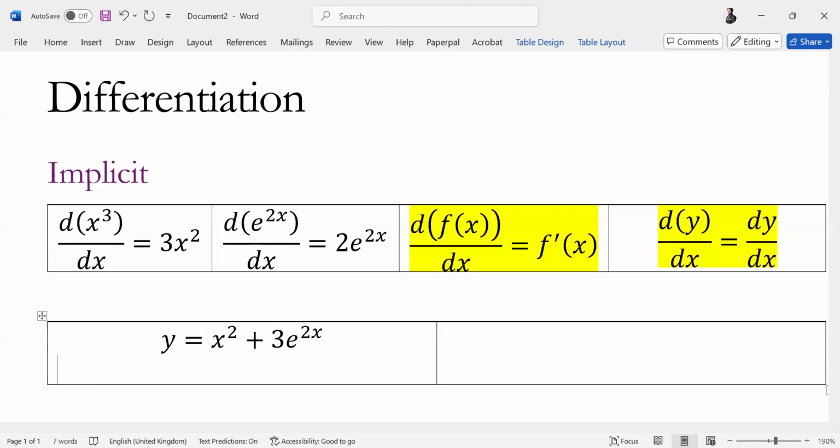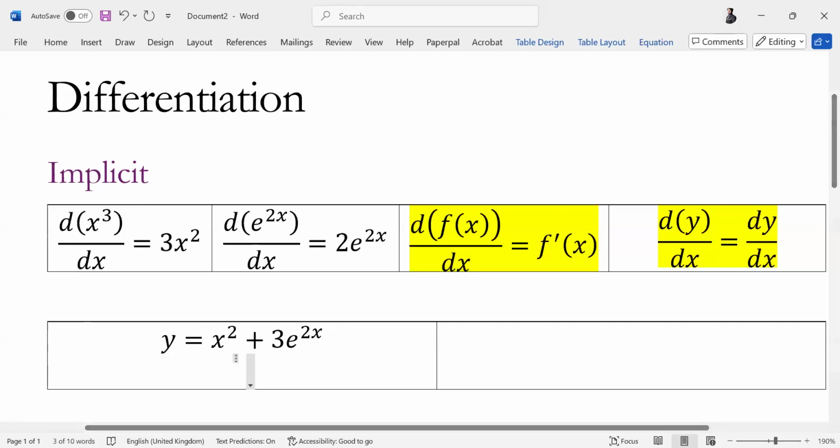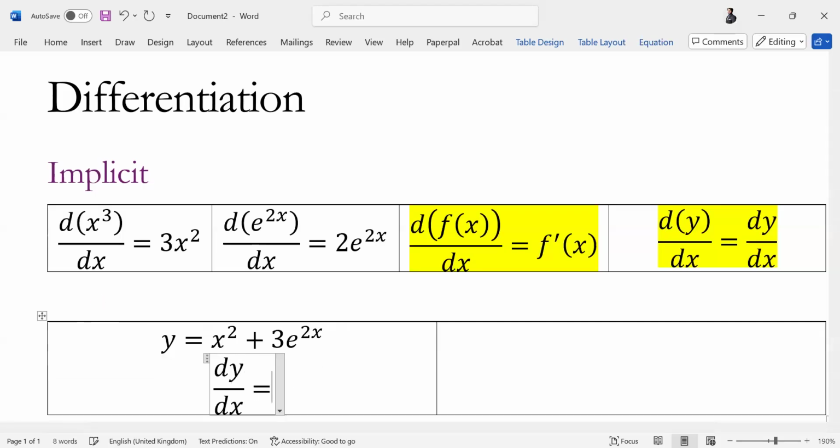Well, first of all, let's differentiate. What do we get? Incomplete answers दे दो. First of all, what do you tend to call that derivative? dy by dx. Isn't that right? And what do you say that is? 2x plus 6e to the power 2x.